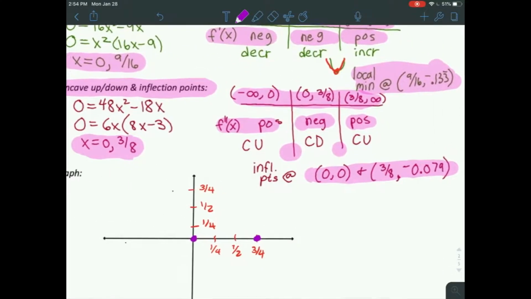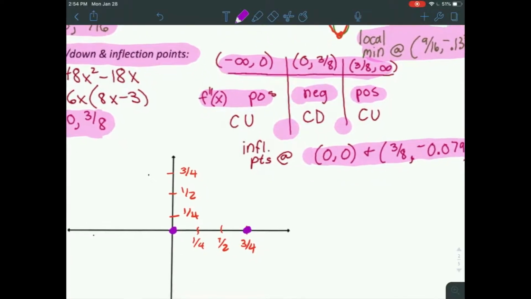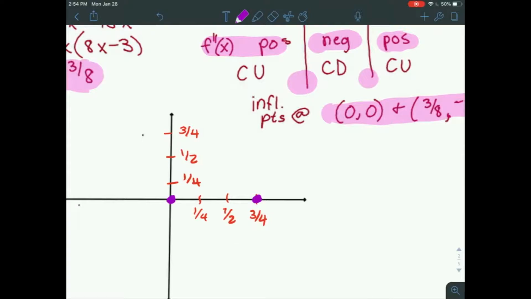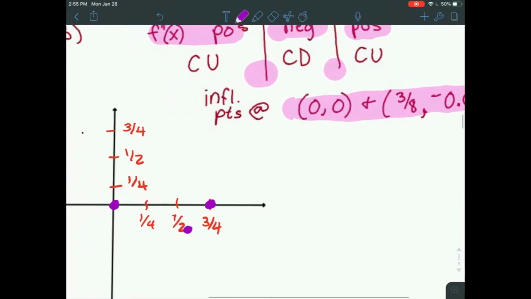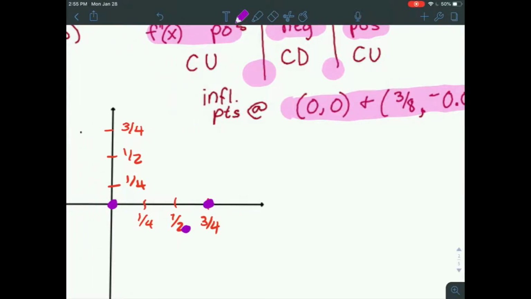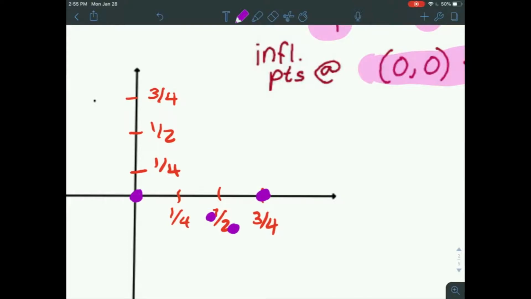We have a local minimum at 9/16, negative 0.1-ish, so 9/16, a little over 1/2. That's my local minimum right there. And an inflection point at 3/8 and a little bit higher than the point I just drew, so somewhere in here. This graph is going to be approximate, so don't worry about it being absolutely perfect.